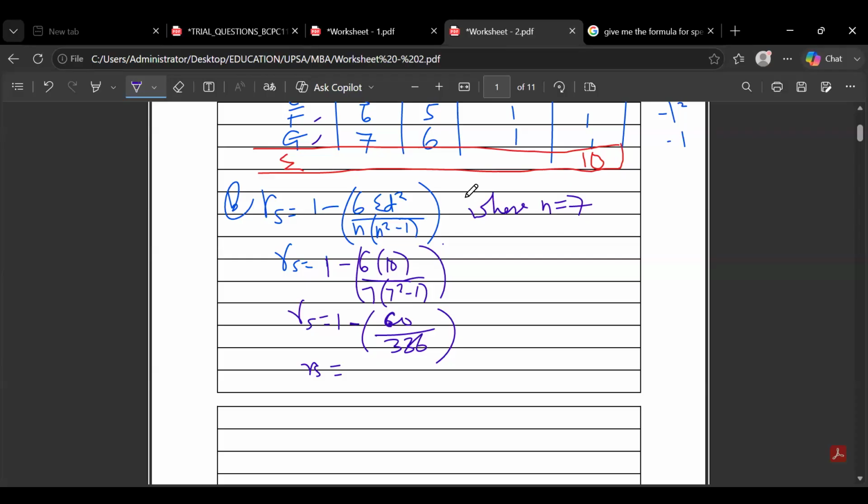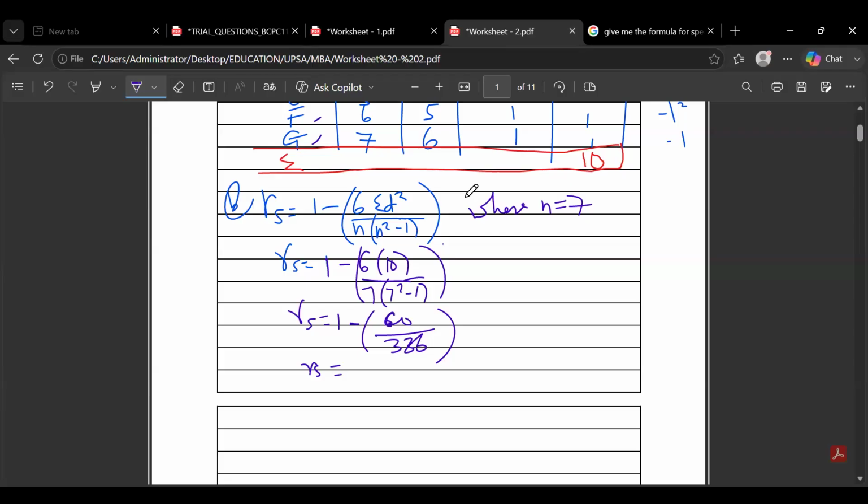Is it correct? Okay, don't worry. 60 over 336, what do we get? You get 0.16. I've told you, you have to leave it in 4 decimal places.